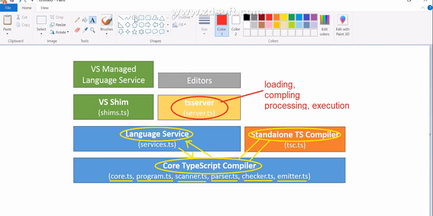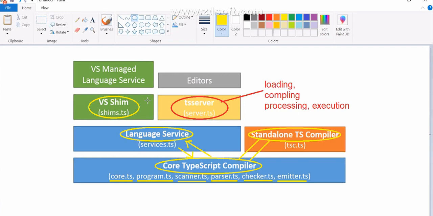Now we have VS shim. Shims are very common for any software developer who knows any language or technology.